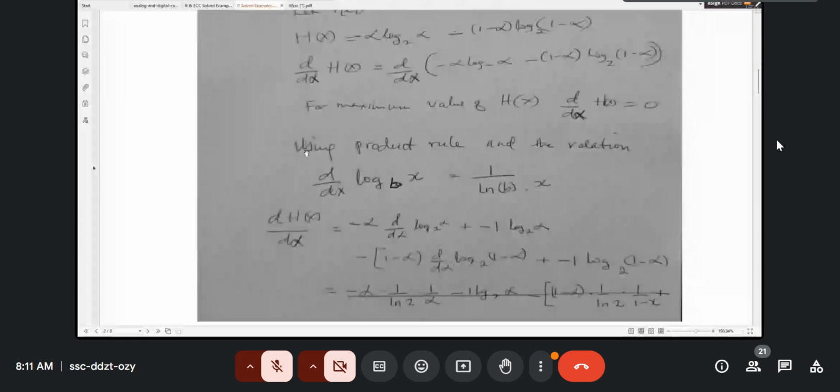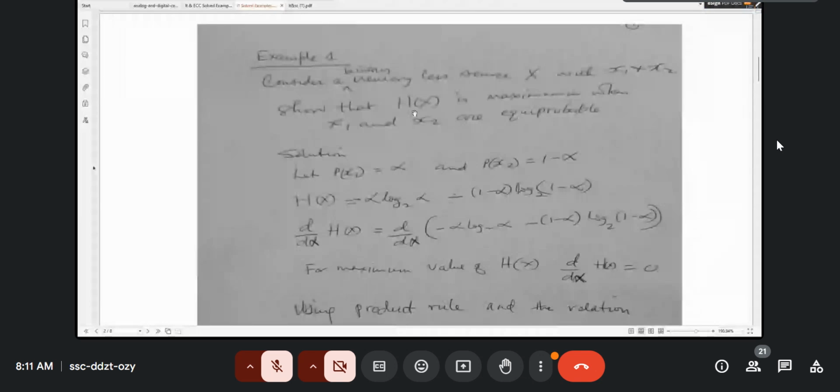In this case, you are given a binary source. Once we see binary, it means it's discrete.